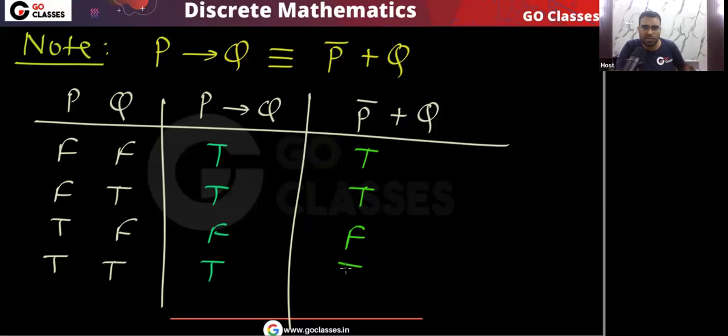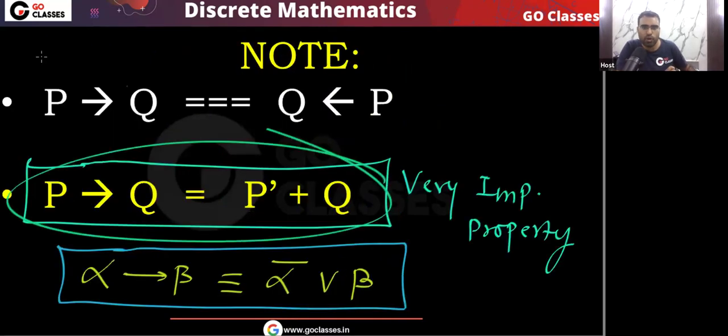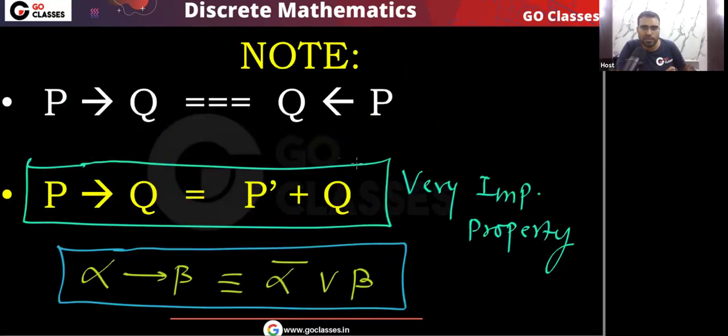So did you notice they have the same truth table? Look at this truth table. They are the same. Yes or no? So finally, I can say that they are the same. Is this clear? Let me know. Very simple. So this is how you can prove it. Remember, this is a very important property. P implies Q means P bar or Q. Alpha implies beta means alpha bar or beta.